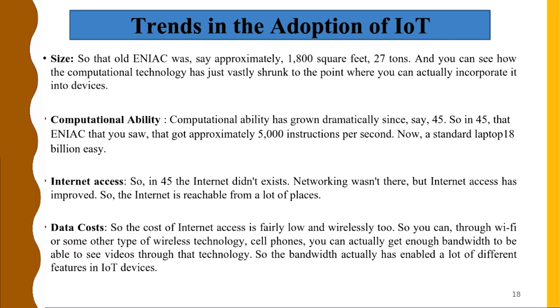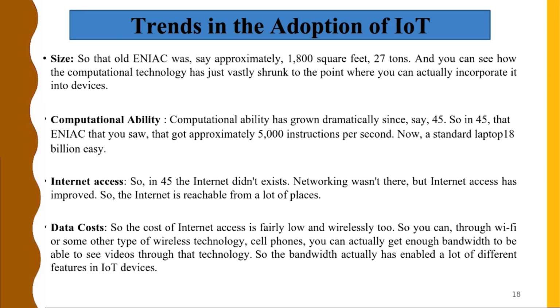The third reason is internet access. Earlier it was not available everywhere, but now we all have internet access. Internet access has improved. That is the reason behind the adoption of IoT. Then there is data cost, which is linked to network connectivity.